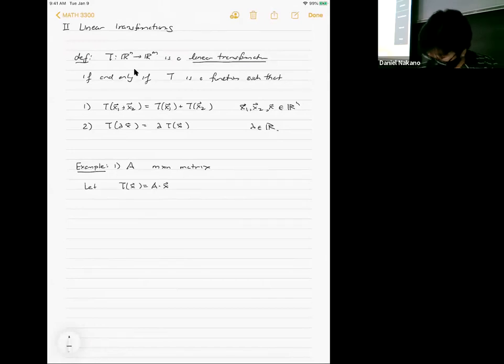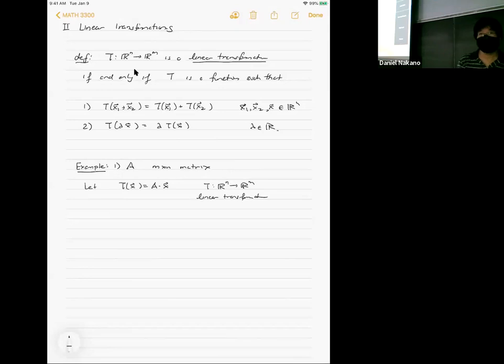Okay. So then T is a linear transformation from Rn to Rm. So whenever you have a matrix, you can always create a linear transformation by just multiplying vector x by A.